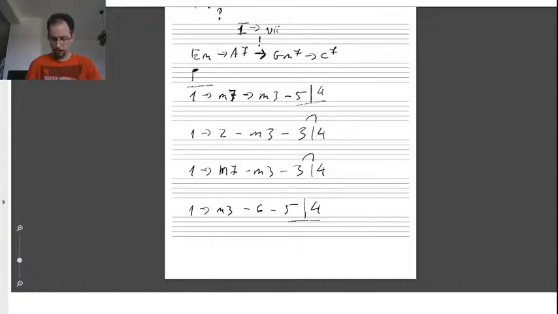And yeah, if you use something like this for root, 5th and minor third, and then you arrive still at the 4th at the end, and then in this case is a diatonic approach again. Yeah, that's it actually.